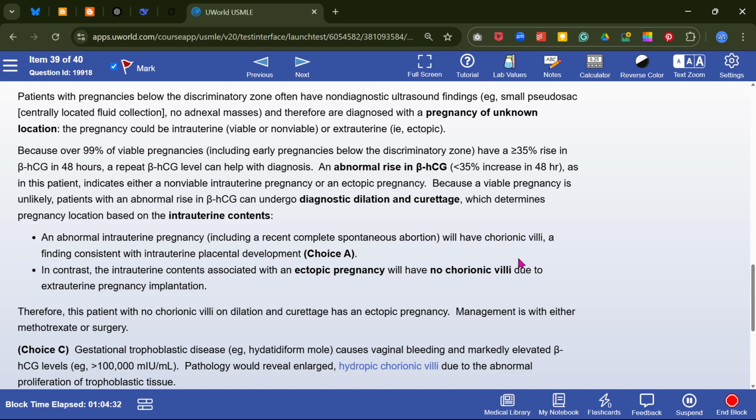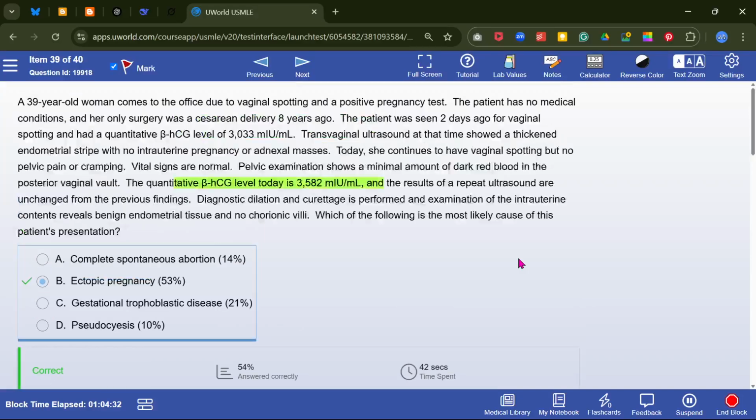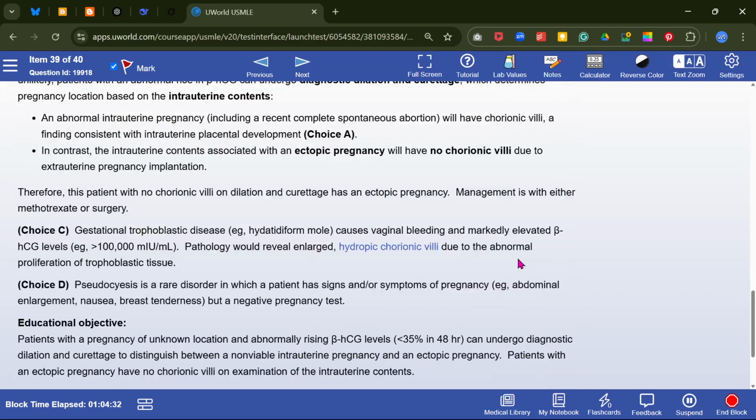Option A, complete spontaneous abortion. So, an abnormal intrauterine pregnancy, including a recent complete spontaneous abortion, will have chorionic villi, a finding consistent with intrauterine placental development.